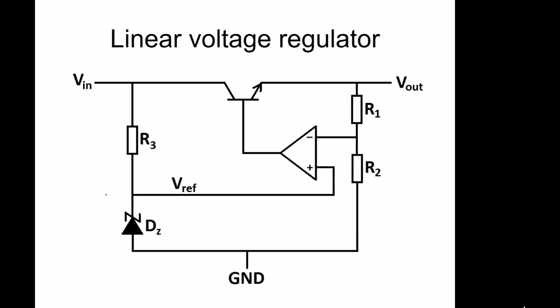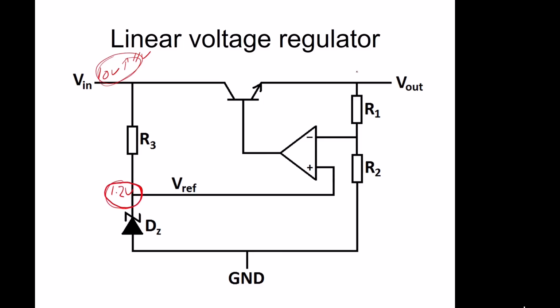So what we might get is something like 1.2 volts at this point. If this is 10 volts, you've got a resistor in there, this is going to be 1.2 volts. If this rises up to 11 volts, you're going to get the same voltage drop across here at 1.2 volts. So it doesn't matter what this value is doing, this is going to stay at a very precise voltage.